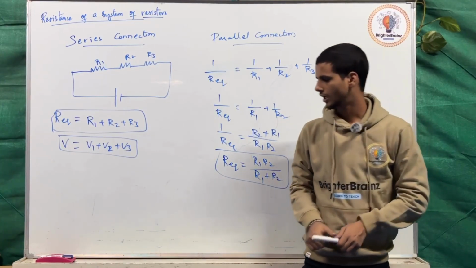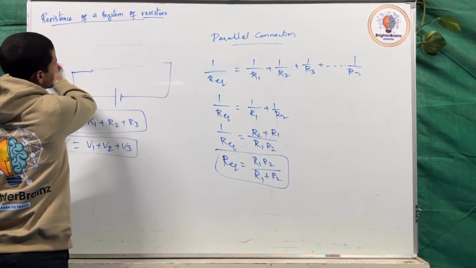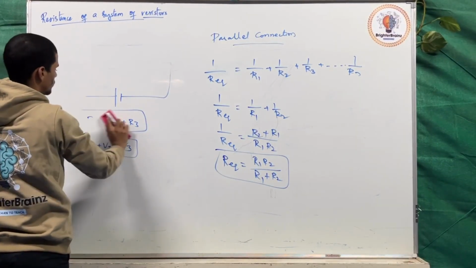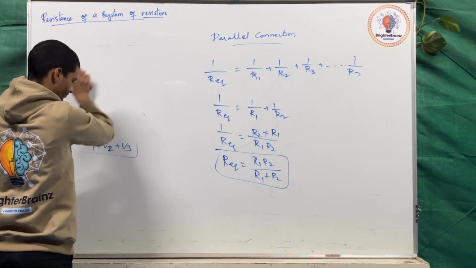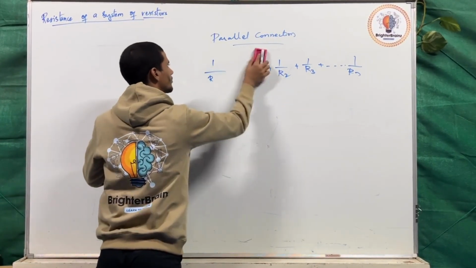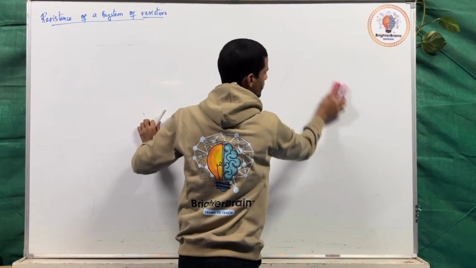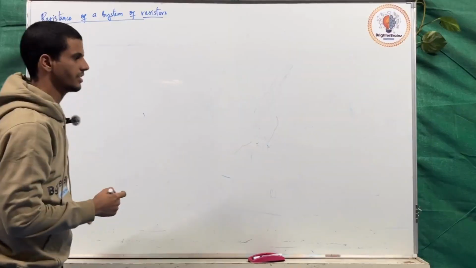Next let me explain a simple example. First let us start the problem with parallel connection and then we'll move on to series connection.